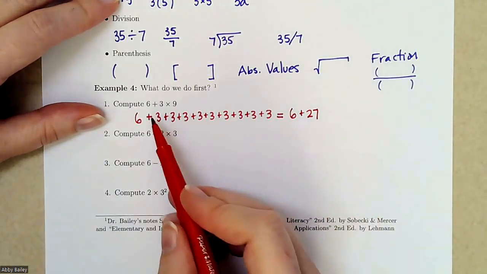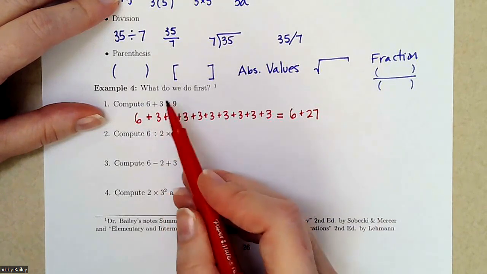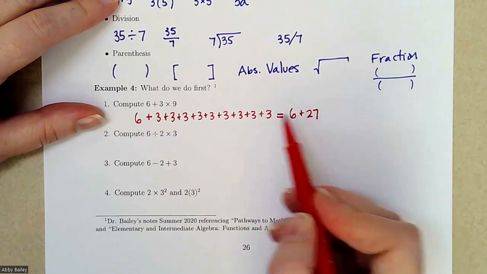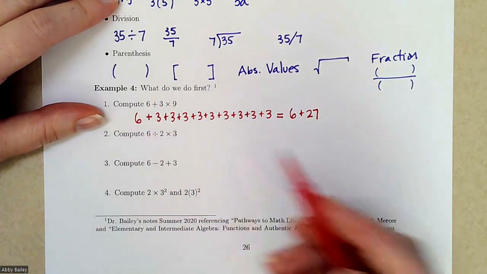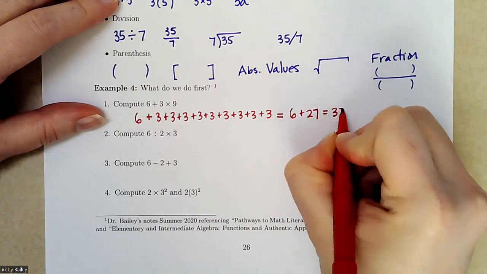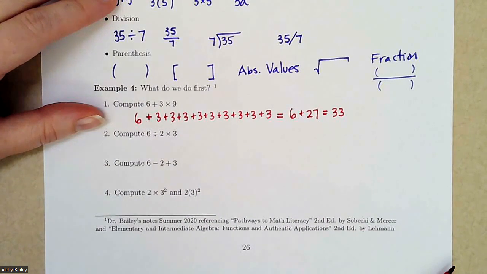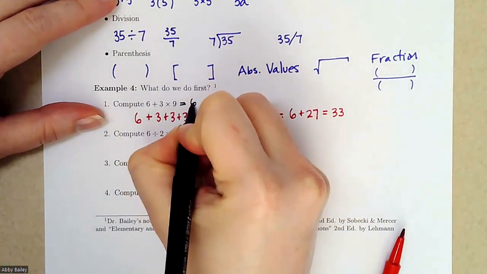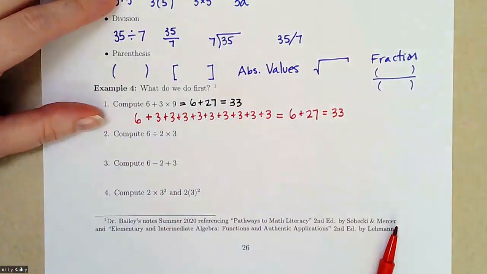And now I notice that because this is repeated addition, this multiplication could happen first and then add 6. So, which by the way is 33. So when I look at this one, 6 plus 27 equals 33.